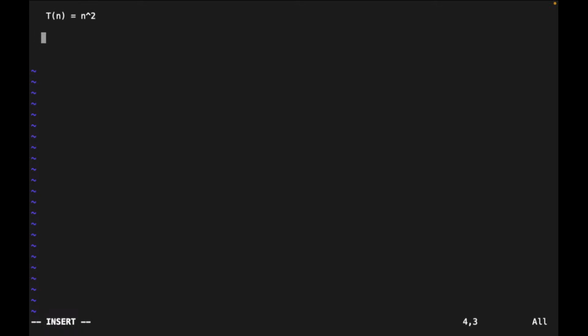What happens when we feed in 5 times the amount of data? Anyone want to hazard a guess? How long is the program going to take compared to, yes? Yeah, perfect. So 25 times longer. The reason is that 5 squared is 25.